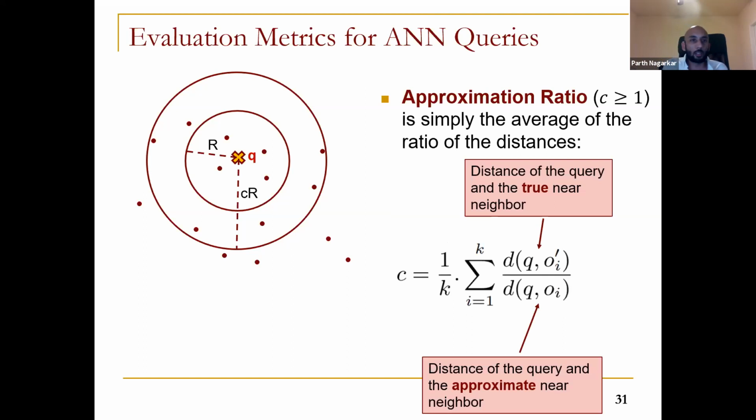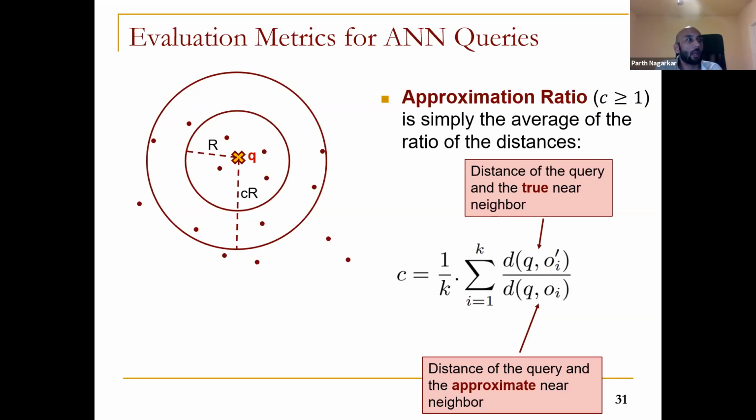Basically the approximation ratio works by averaging the ratio of distances. Given a query point and the ground truth, the ground truth is the actual answers. If your distance measure is, let's say, Euclidean distance, then for 100 nearest neighbors, I will do a brute force and find these 100 true nearest neighbors.